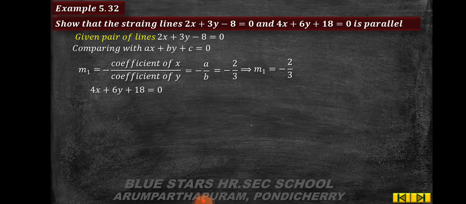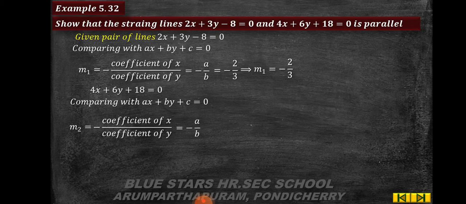Then the second line's equation is 4x plus 6y plus 18 is equal to 0. Comparing with ax plus by plus c is equal to 0, the slope m2 is equal to minus coefficient of x by coefficient of y, which is equal to minus a by b, that is coefficient of x is 4 divided by coefficient of y is 6, which is nothing but minus 4 by 6.